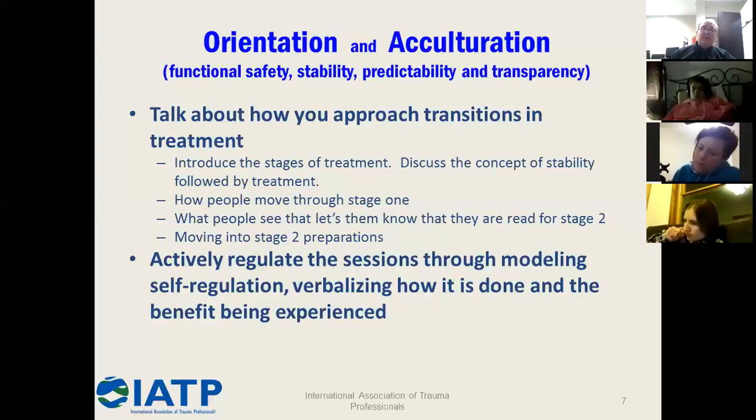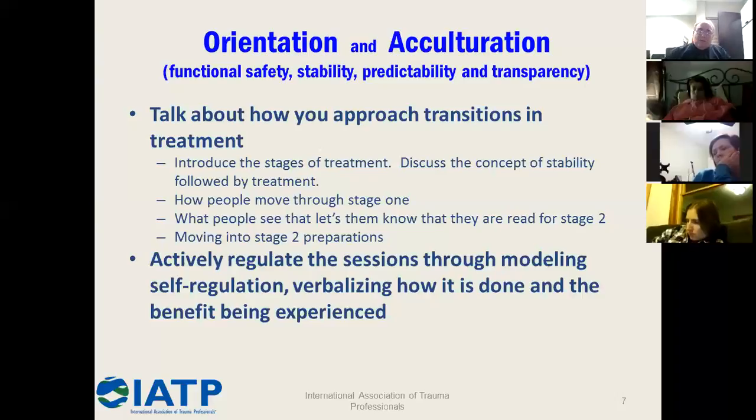So you want to house it not only in the body itself, but also in the thinking process involved. And you want to talk about the benefit that you're getting from it. I can sense as I'm doing this that my thinking is becoming clearer and less confused. So what you're doing is essentially helping them regulate their own body indirectly.